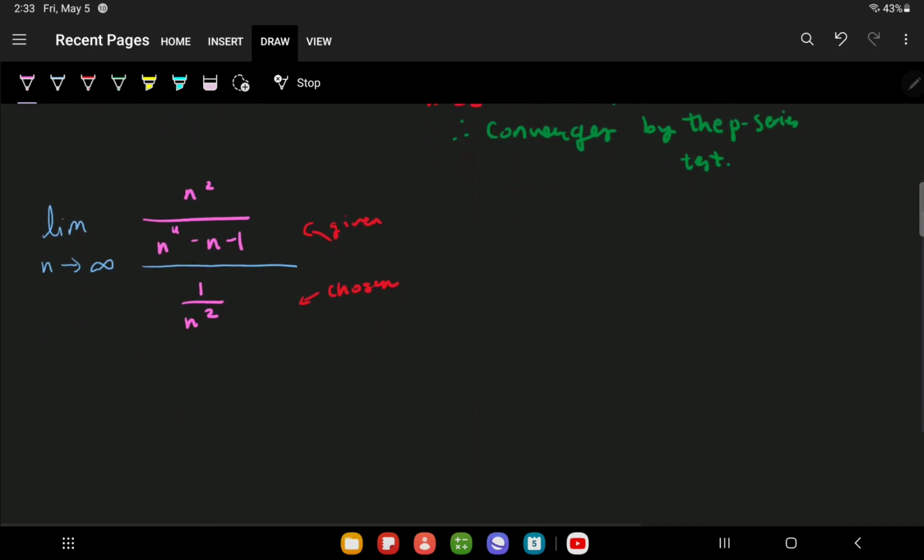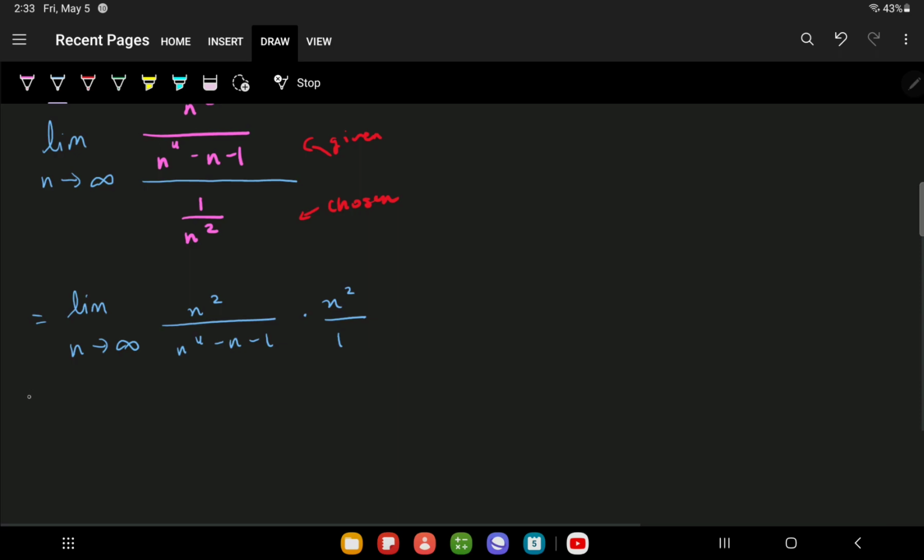Now, dividing by a fraction is the same thing as multiplying by the reciprocal, so let's do that. This is the same thing as n squared over n to the fourth minus n minus 1 times n squared over 1. That's going to be the limit as n goes to infinity of n to the fourth over n to the fourth minus n minus 1.